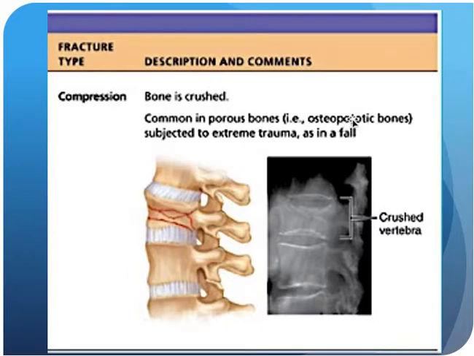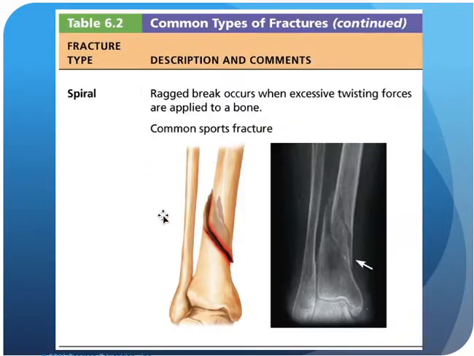Very common in people that have osteoporosis, where they fall and land on their butt, and they have that quick compression of the spine and get compression fractures of their vertebrae. You have a spiral fracture, which is a ragged break. It occurs when excessive twisting forces are applied to the bone, very common in sports, where your foot is stabilized and then someone twists you from up top. You'll twist and tear that bone pretty quickly.